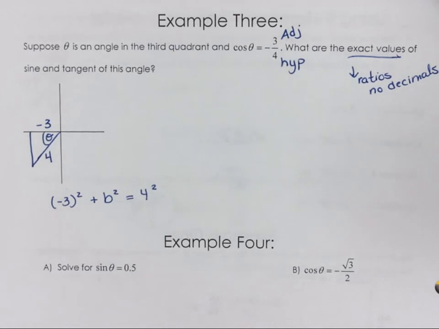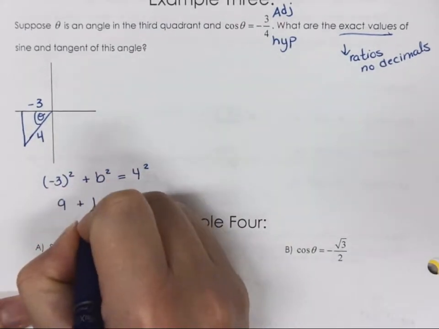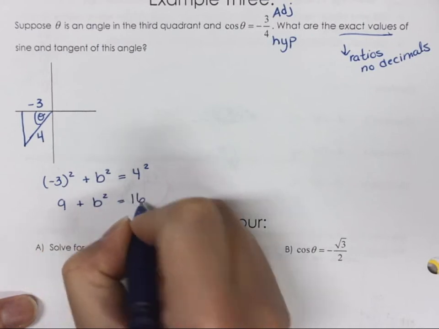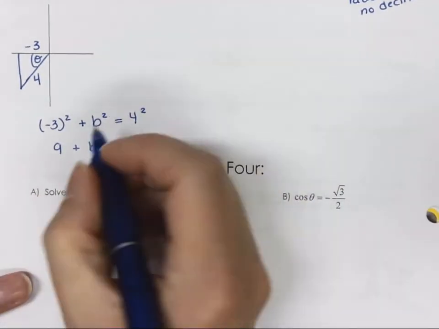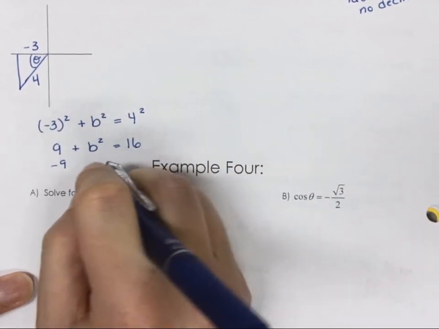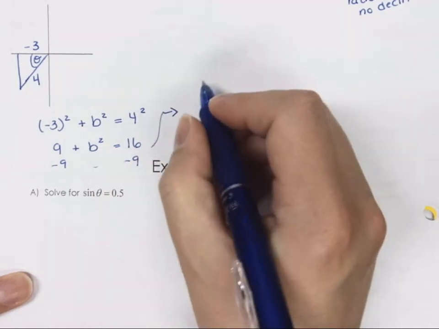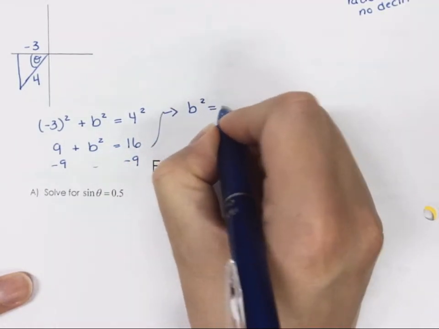Does it matter if you pick b for the negative? It does not. So now we're going to subtract 9 from both sides. So b squared is equal to 7.